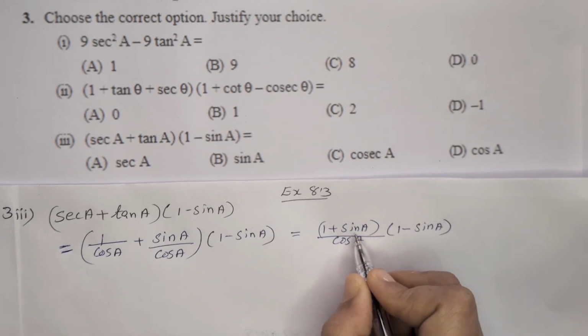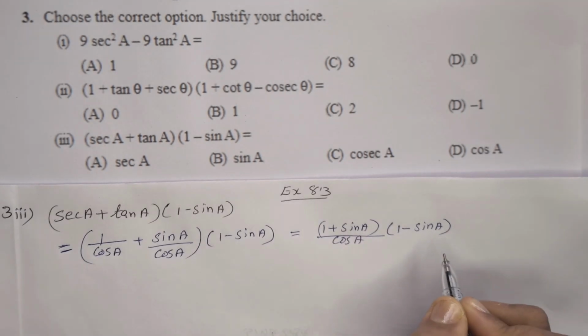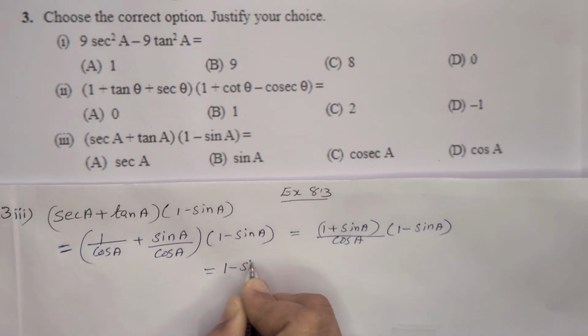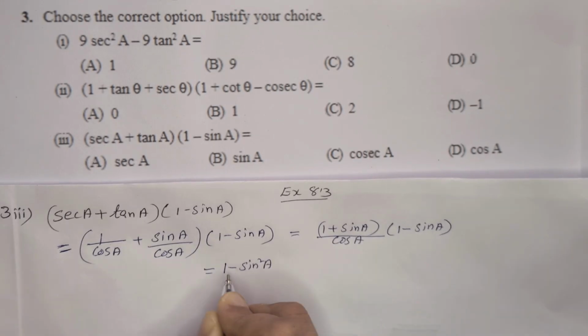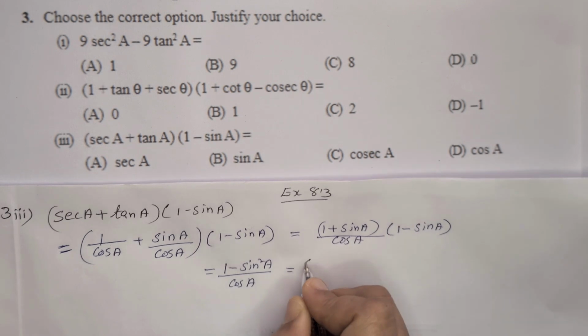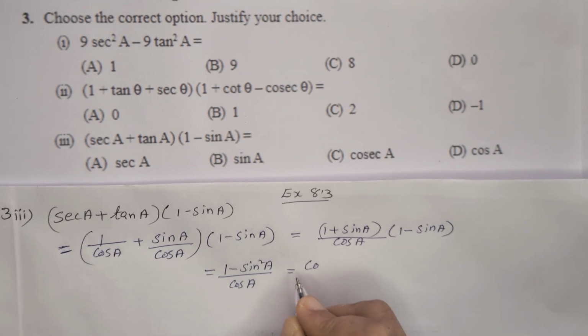Now we know that 1 plus sin A and 1 minus sin A is of the form a plus b into a minus b. So we can write that as a square minus b square, 1 square minus sin square A, by cos A. 1 minus sin square A is equal to cos square A from the first identity, sin square A plus cos square A is equal to 1.